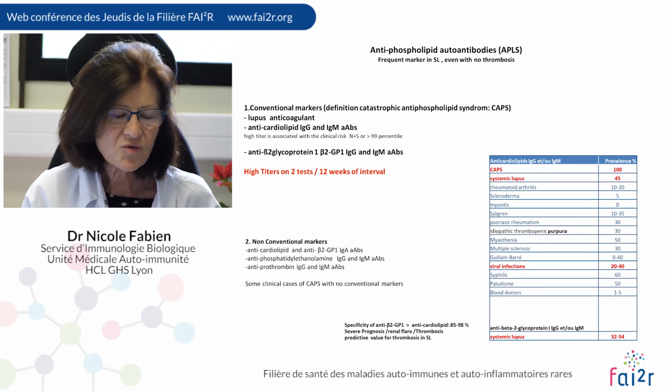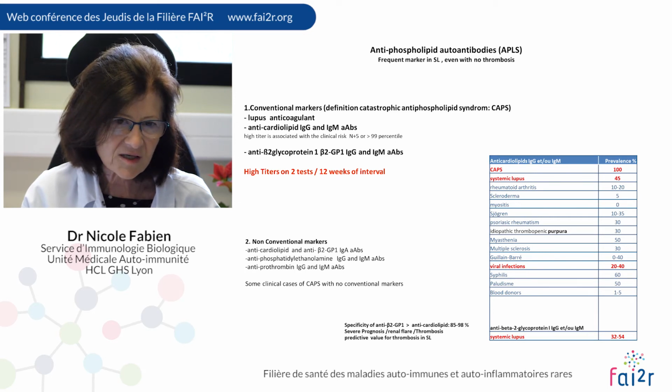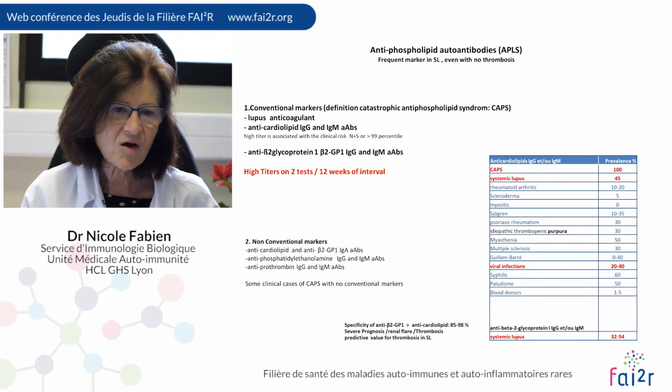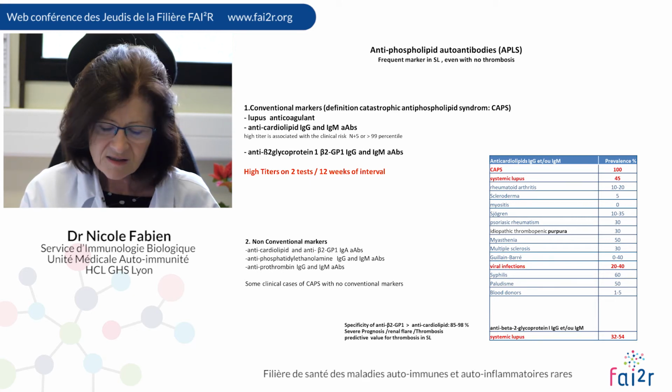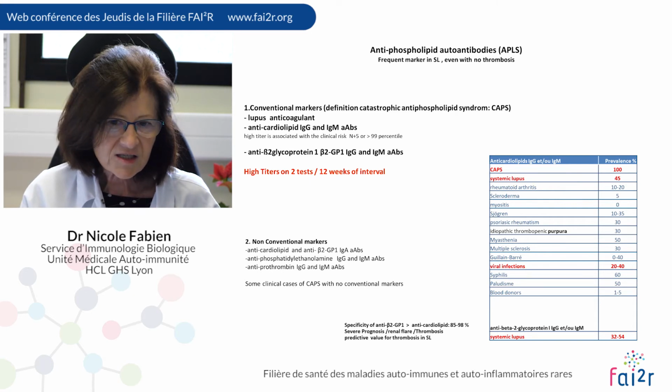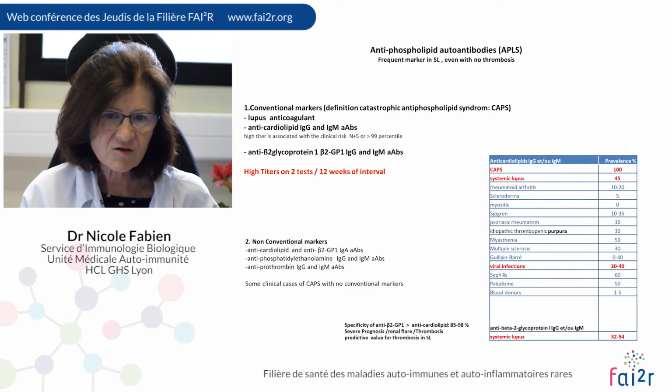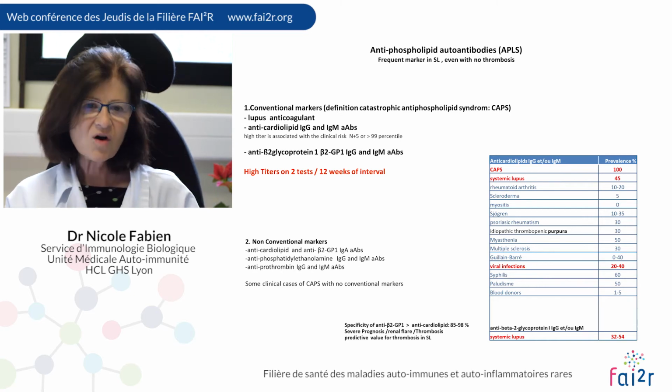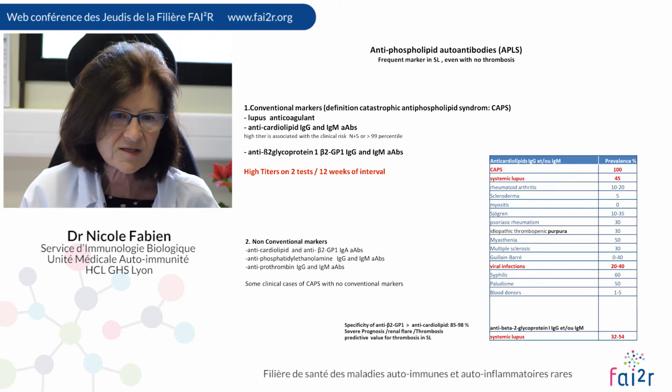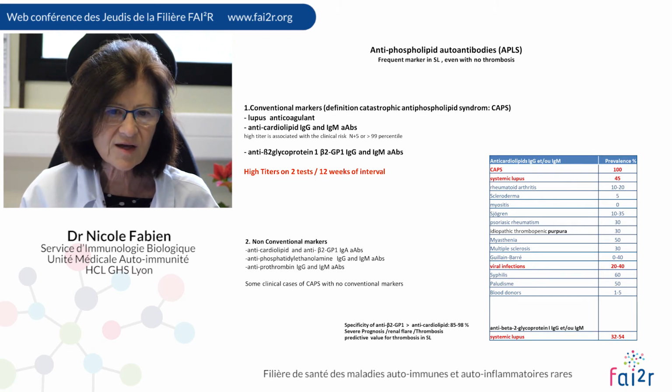You have to ask for two tests within a 12-week interval and with high titers, because you can often have low titers in infectious disease, in viral infection notably. So you have to be sure that after 12 weeks you keep these high titers, to be sure that it is a good marker of antiphospholipid syndrome or in systemic lupus.